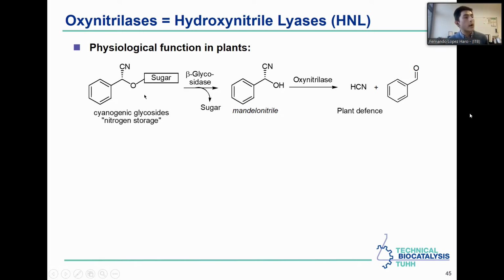Why is this all? Well, if you can successfully extract the sugar from this molecule, then you will have a compound that is fairly easy to degrade using common enzymes in the body, and this releases hydrogen cyanide. Hydrogen cyanide is an extremely potent toxin.